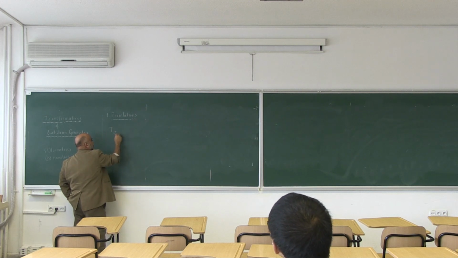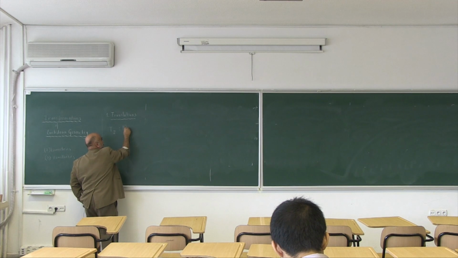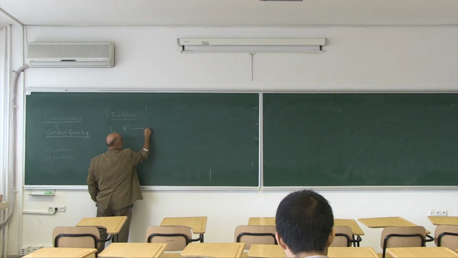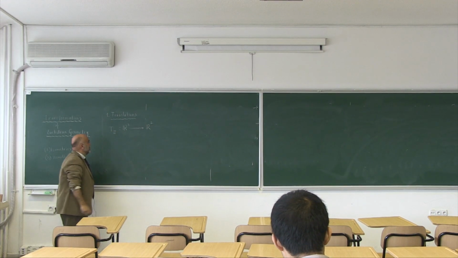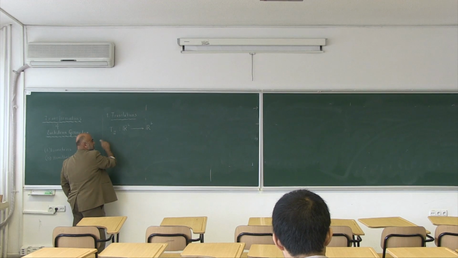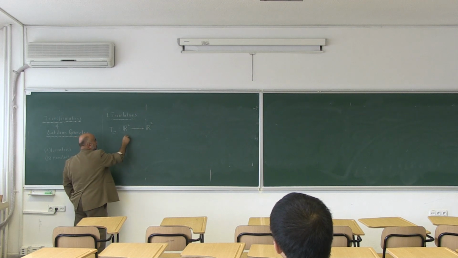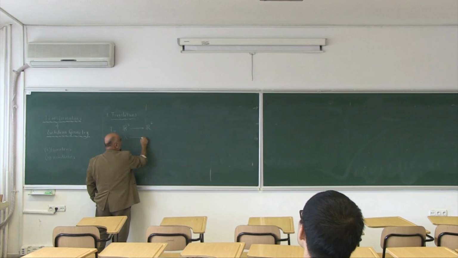So let's identify as usual the Euclidean plane with R2. The translation along a vector u, or translation by a vector u, is the map that takes every point X into the point X plus u.